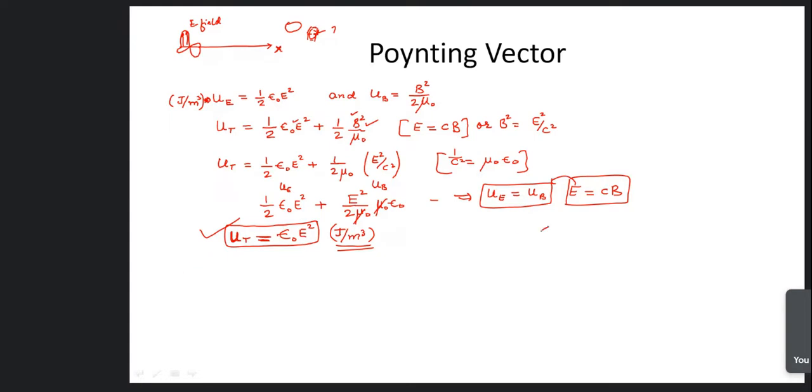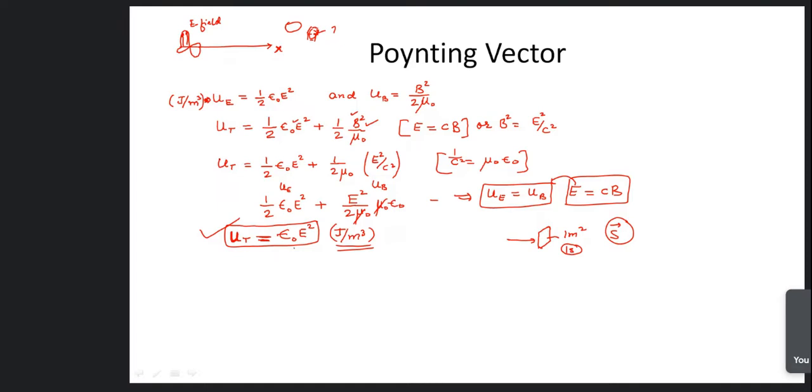If I choose a unit area, this is my unit area, 1 meter square area, and electromagnetic wave is incident on this unit area. So how much energy flows through this unit area in 1 second? That is my Poynting vector. So I'm interested in writing that Poynting vector. So for that, let me do two.